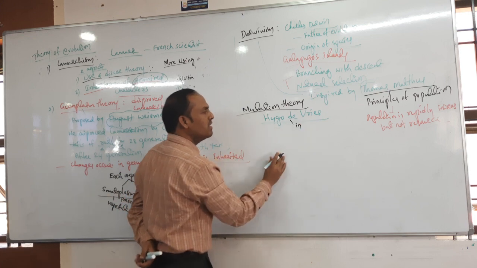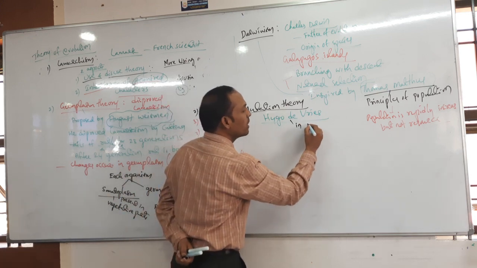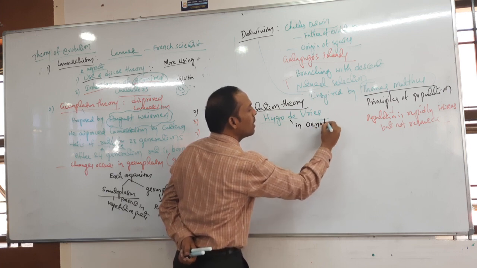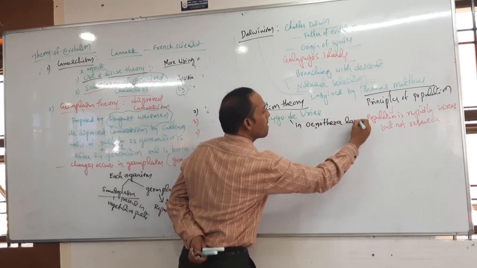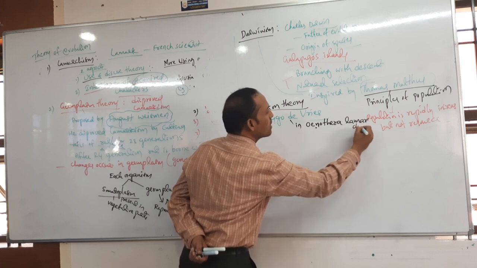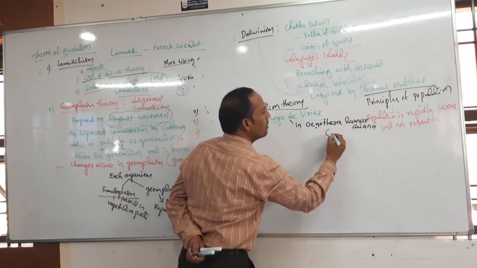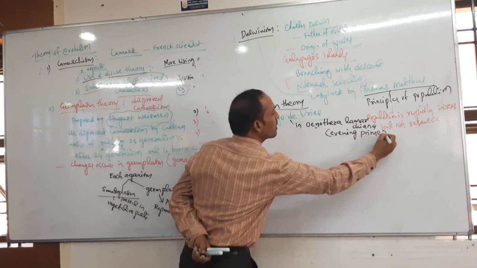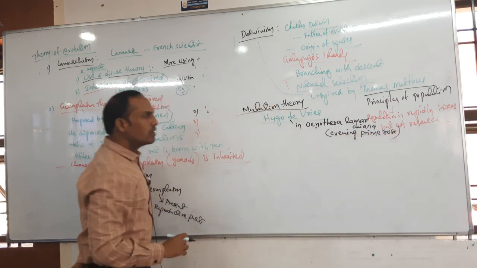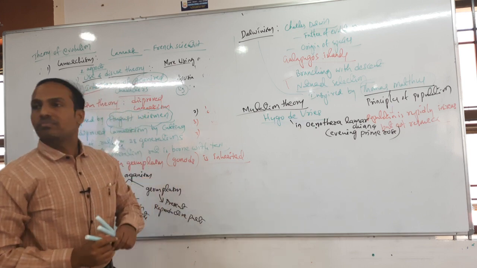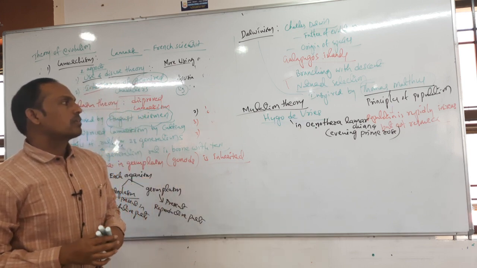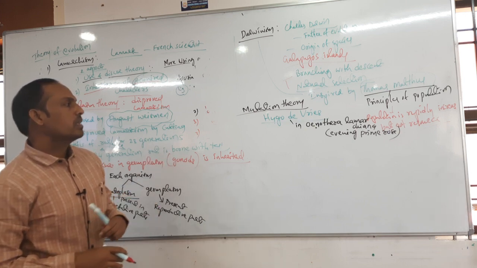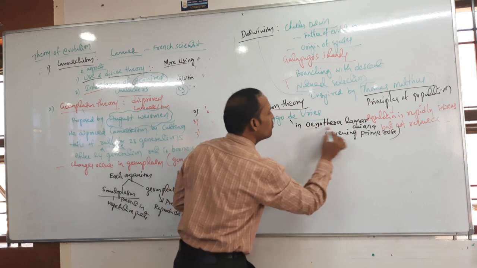In one of the plants he took for his experiment, named Oenothera lamarckiana, also called evening primrose. Correct, friends? Mutation theory by Hugo de Vries. He identified mutations for the first time in Oenothera lamarckiana.